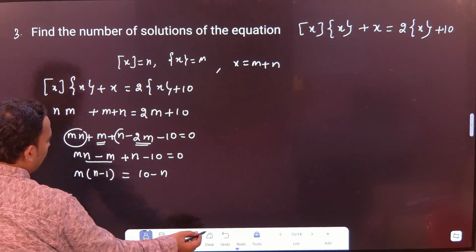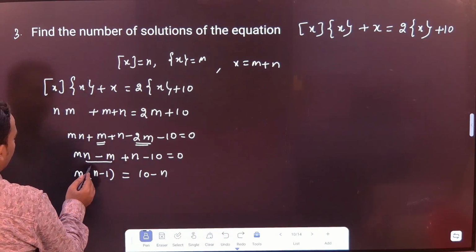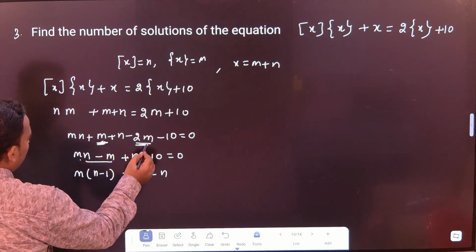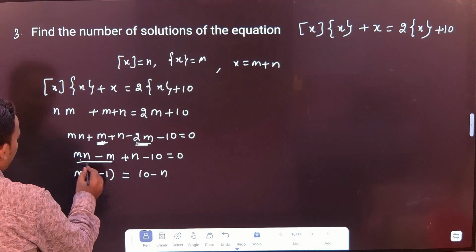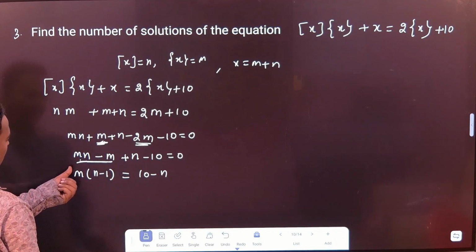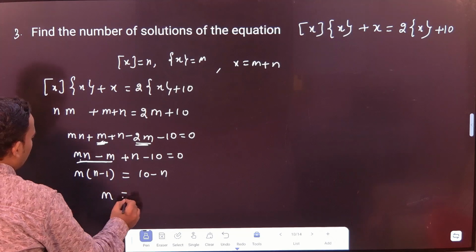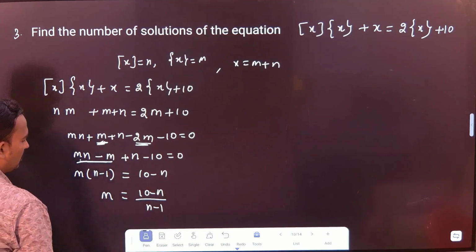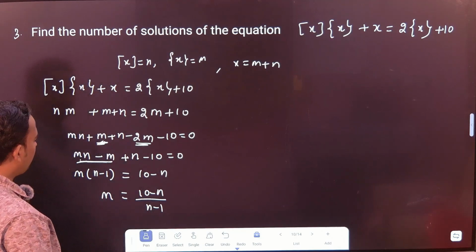Which term are you comparing here? mn I am keeping as it is. m minus 2m is minus m. n minus 10. Yes, correct. So for the first two terms you take m out, n minus 1 is equal to 10 minus n. So m is equal to 10 minus n divided by n minus 1. Right?